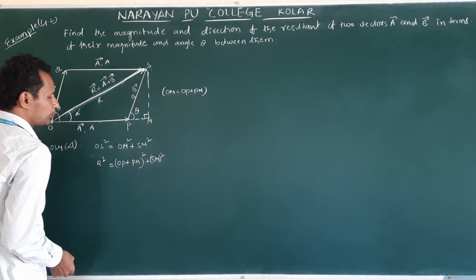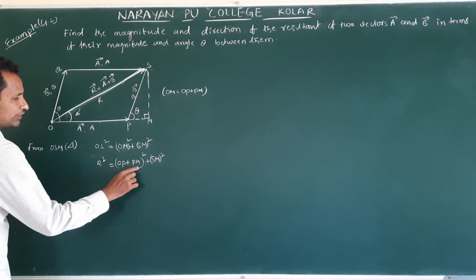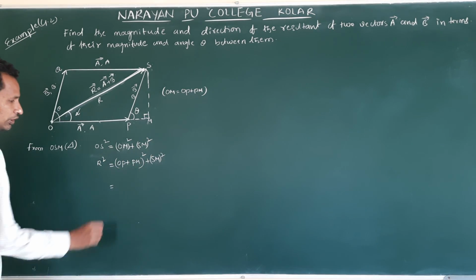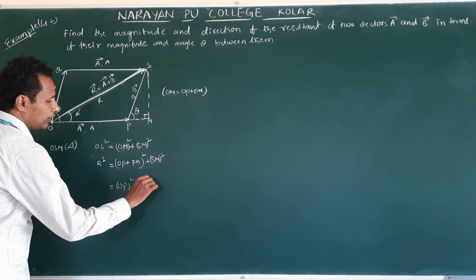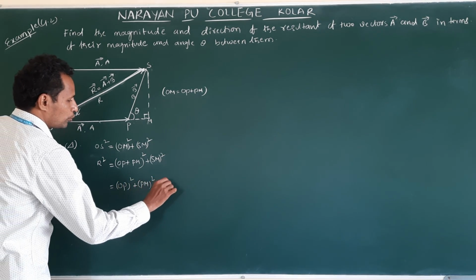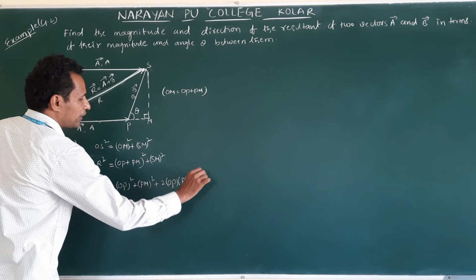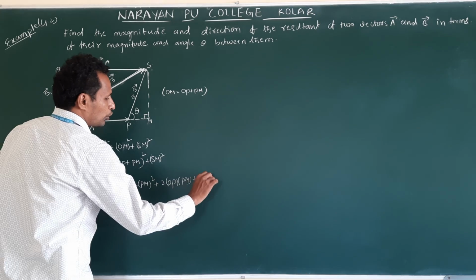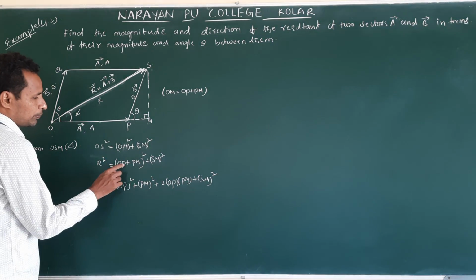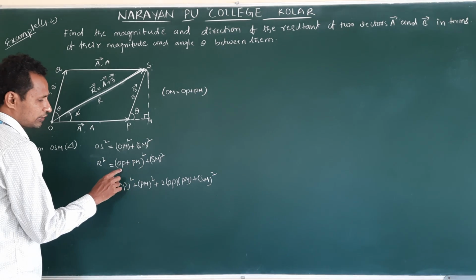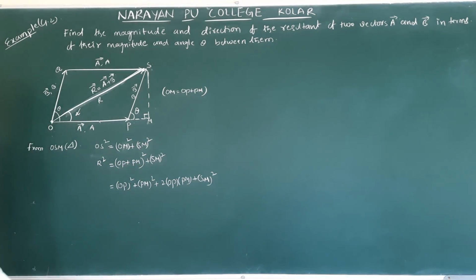I put it in brackets to avoid confusion. Then this is the A plus B whole square form. Then how do you write? OP square plus PM square plus 2 OP PM, plus SM square.